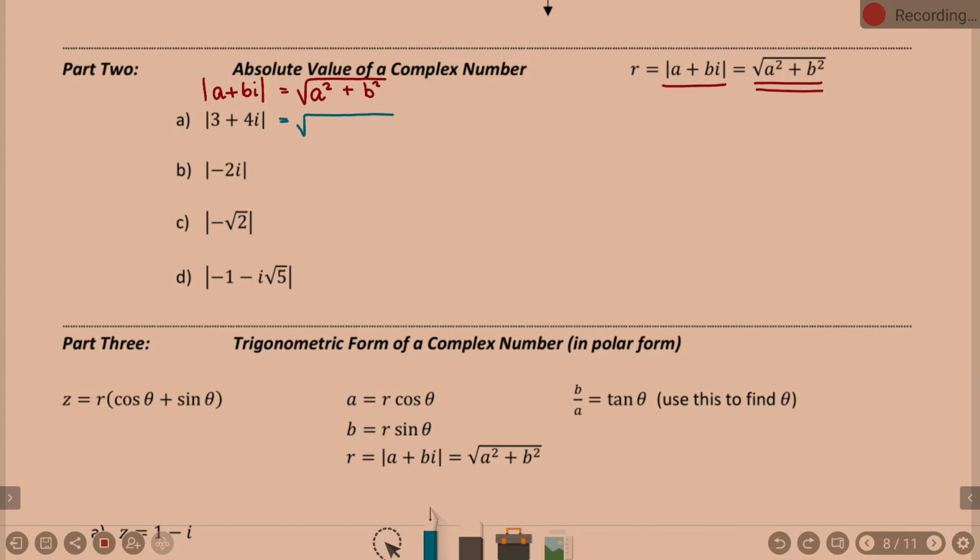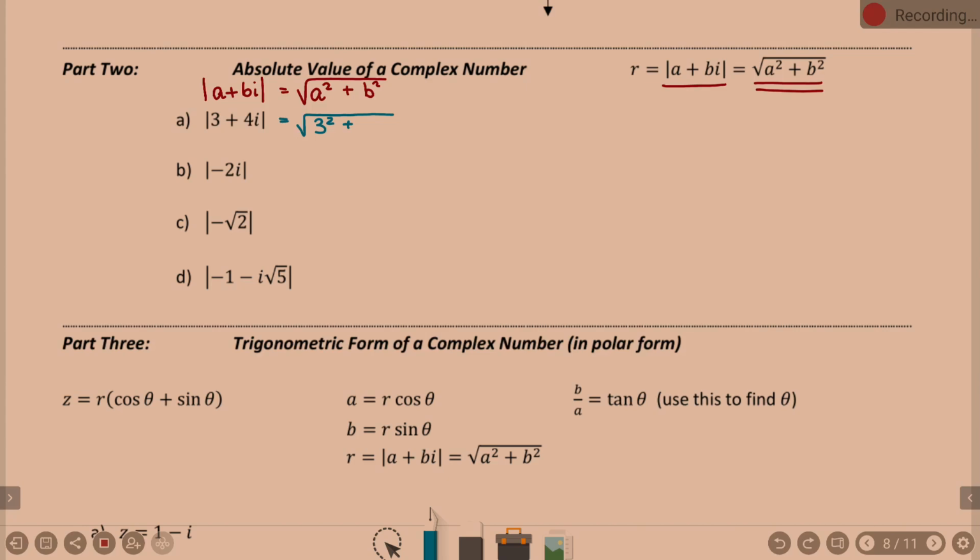The square root of, what is a? A is 3. So 3 squared plus, what is b? The 4, yes? Is the i included as part of b? No, it is not. Because it's bi, so the b is just the number in front of i.